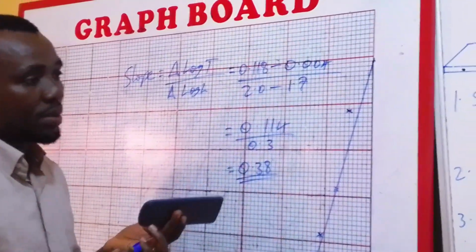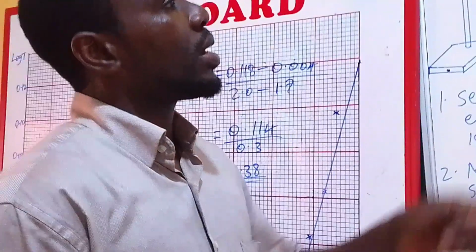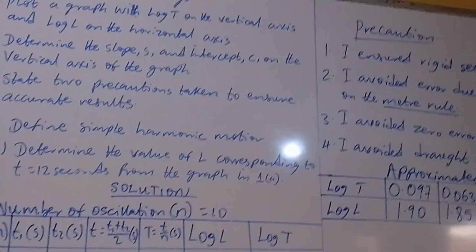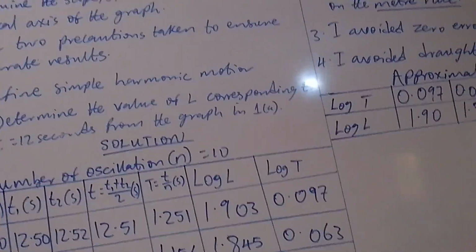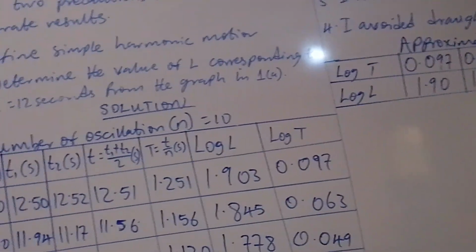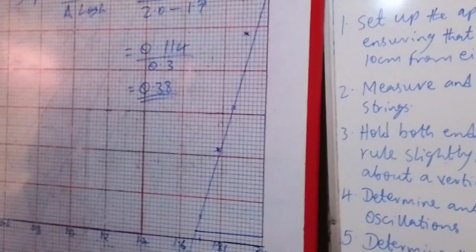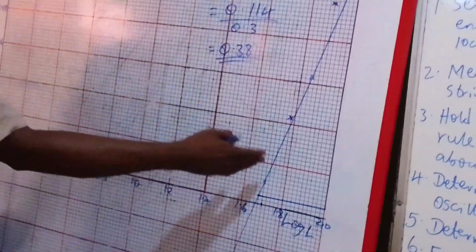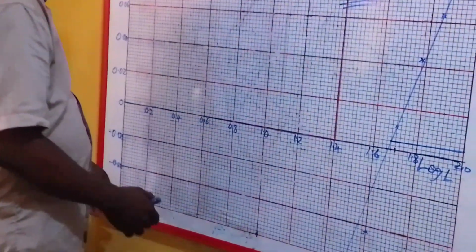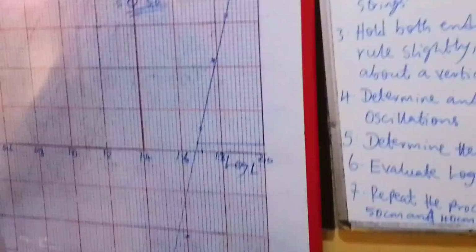This is our slope. We have gotten our slope, and then the intercept on the vertical axis. Unfortunately, because I said initially that my graph is not a standard one, I will not be able to get my intercept there.